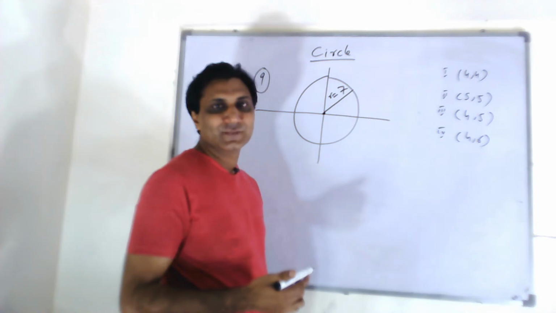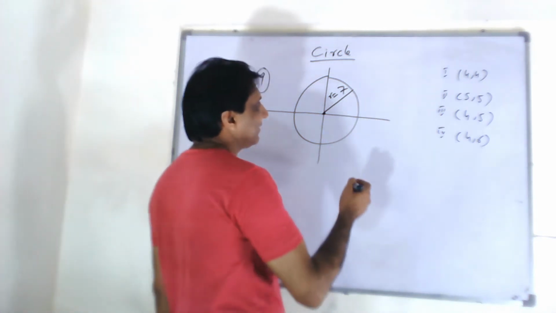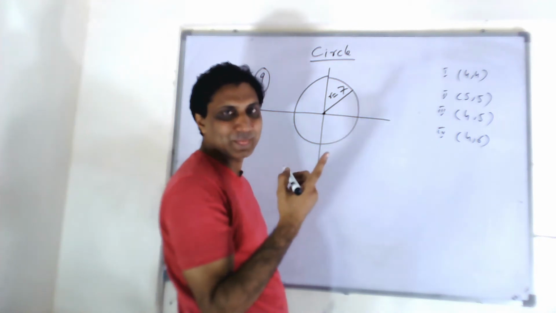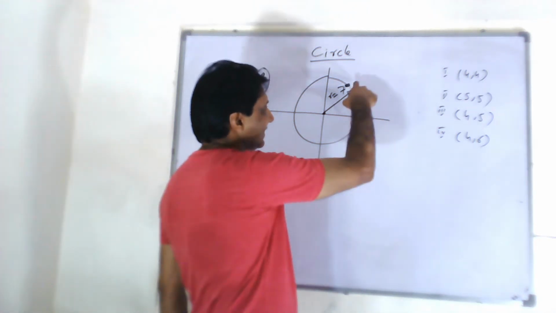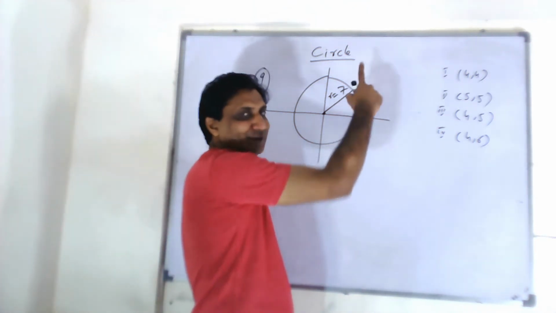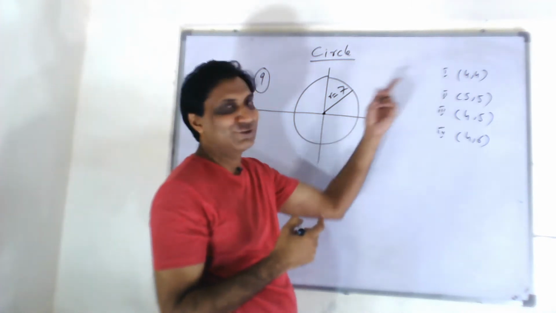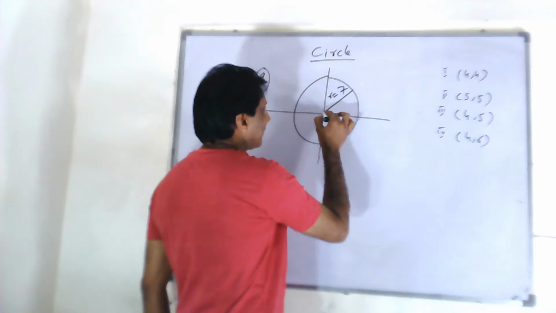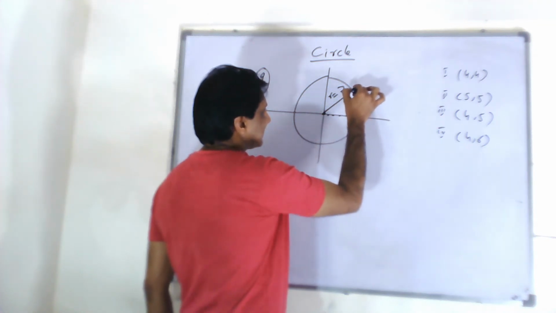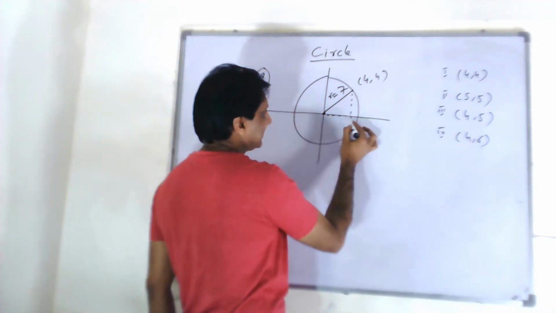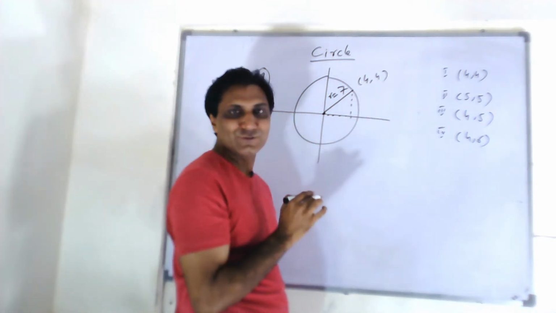Simple. Like we did earlier, we use these points in the Pythagorean theorem. Whatever is here, like it was 1, 1, so we used 1 square plus 1 square. It's 4, 4, we use 4 square plus 4 square. If this point is 4, 4, base is 4 and perpendicular is 4.